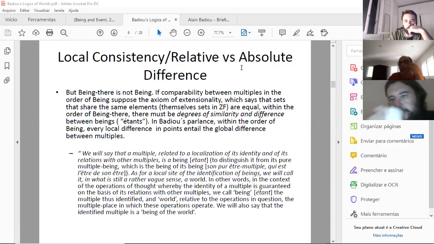So in order for a formula to work, there has to be a ground for that formula, whereby that formula borrows its elements from. I think that's a very important thing within ZFC. All I was trying to say is, actually, Badiou is not the one who says that. It is ZFC who says that.